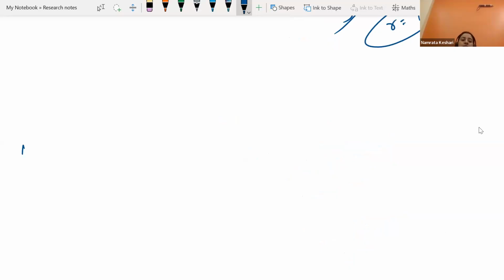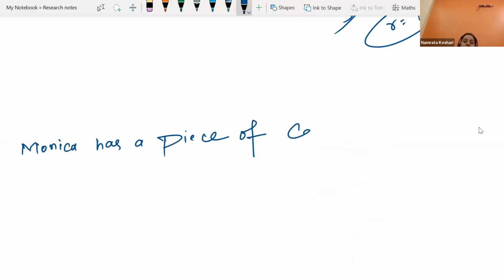Next is Monica has a piece of canvas whose area is 551 meter square.